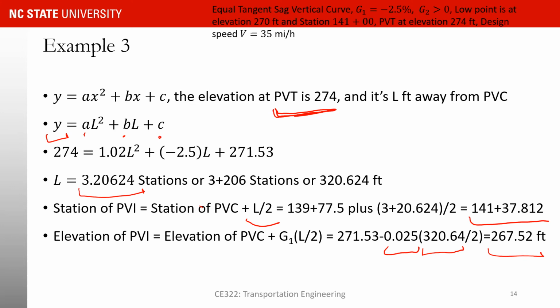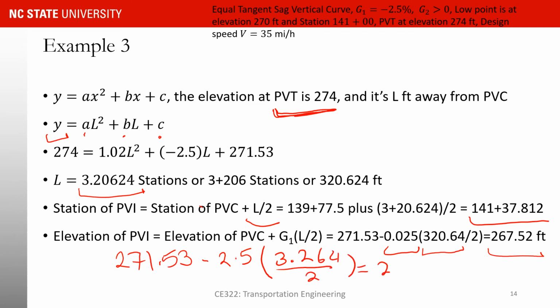Or what I could have done was to write it this way: 271.53 minus 2.5, and if this is 2.5, it means that it is feet per station. So now I need to write the length in stations. That would be 3.264 over 2, which is going to give me an exactly identical solution.